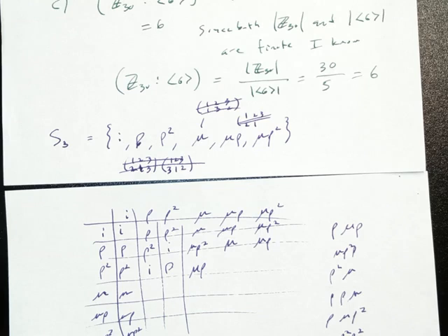S3 is small enough that we already did this in the homework. There are only 4 subgroups here.